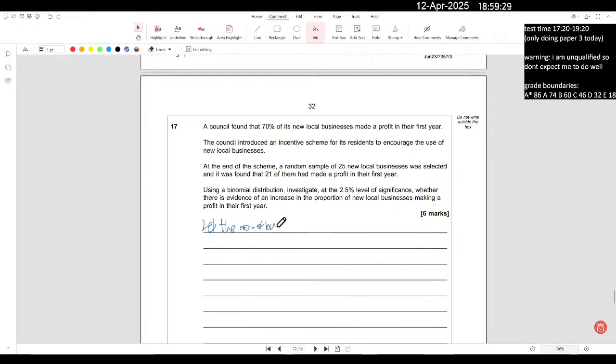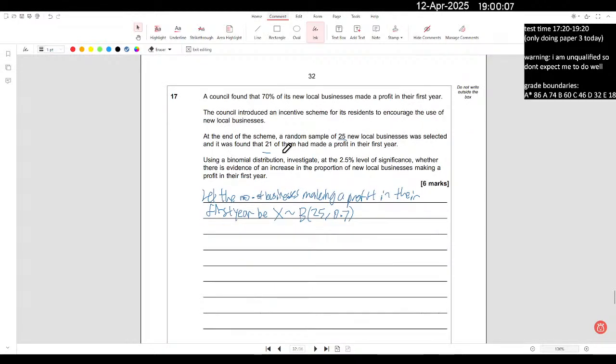Let the number of businesses making a profit in their first year be X. X is B(25, p), and p equals 21... oh, not 21 over 25. P equals 0.7. Just put it there. 21 over 25 is the sample.